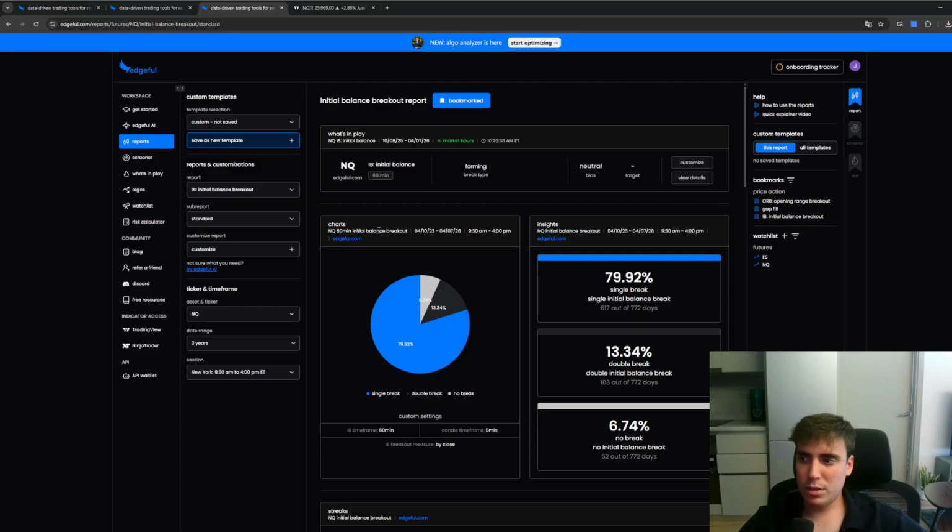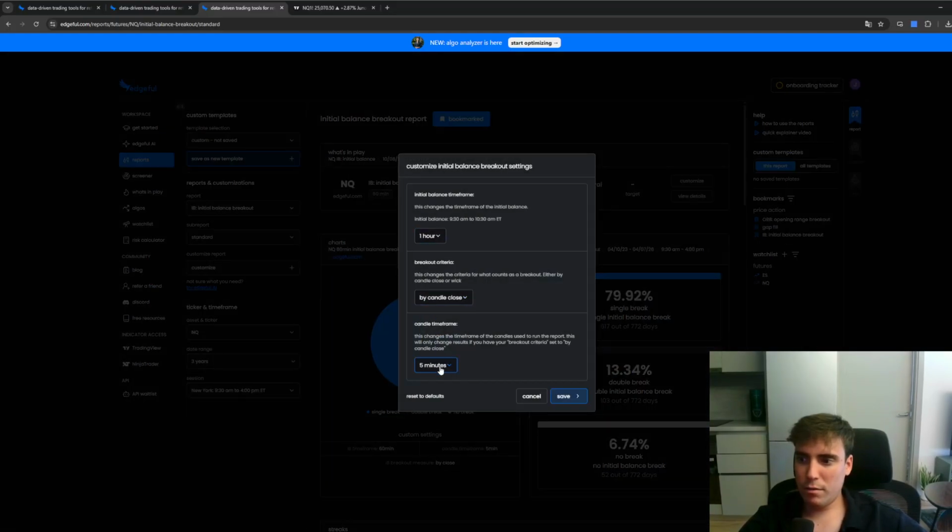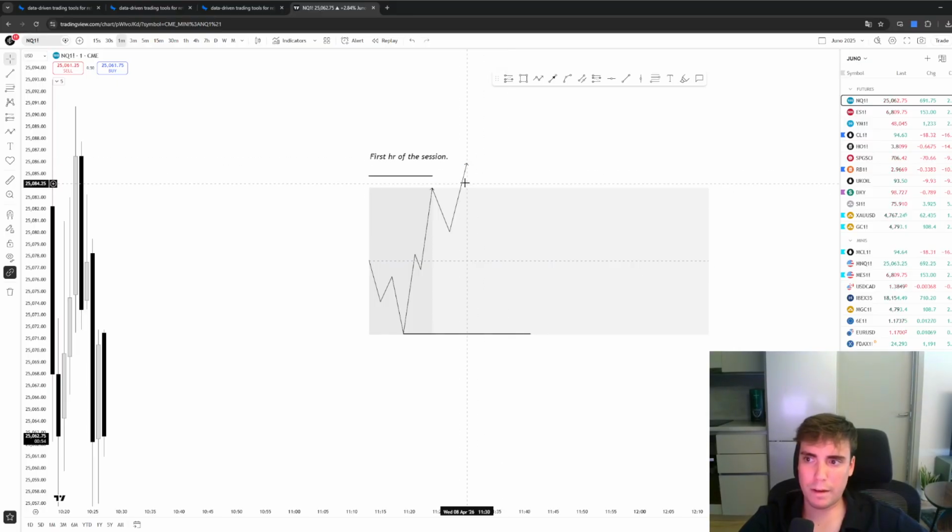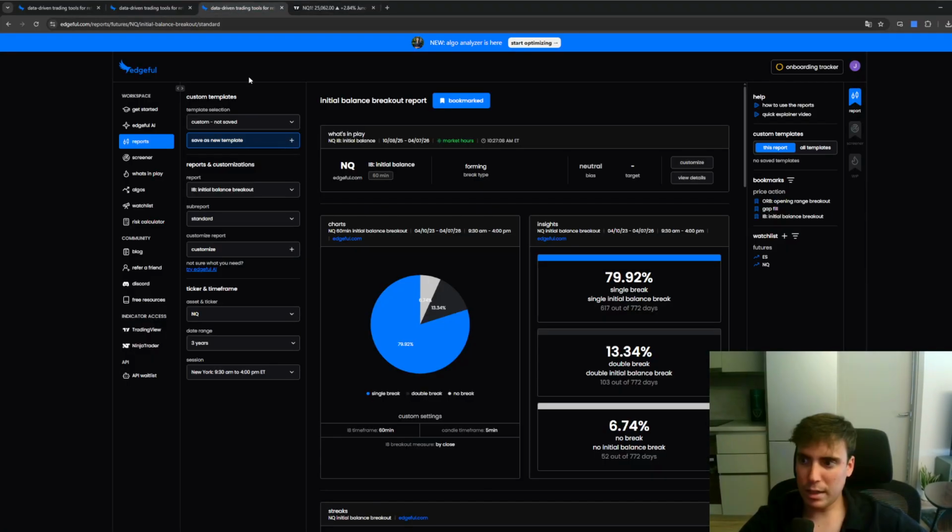Following what I just said for the New York session, on NQ, the candle closure has to be a 5 minute. So we need to see a closure on the 5 minute time frame above or below the initial balance, and then here we see the chances of a single break, a double break, or a no break day.